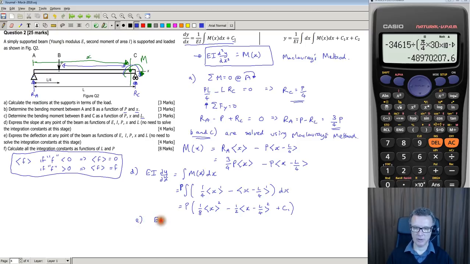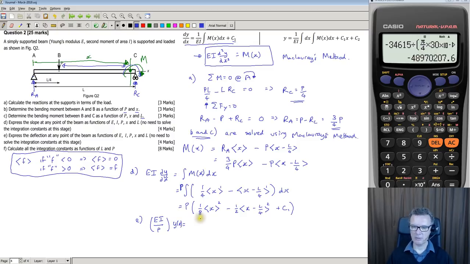E over I. It's tempting to bring the P over to the left-hand side, so we've got over P. So integrate the delta y over delta x. First order differential just becomes y. Let's put in a note that we know it's a function of x.